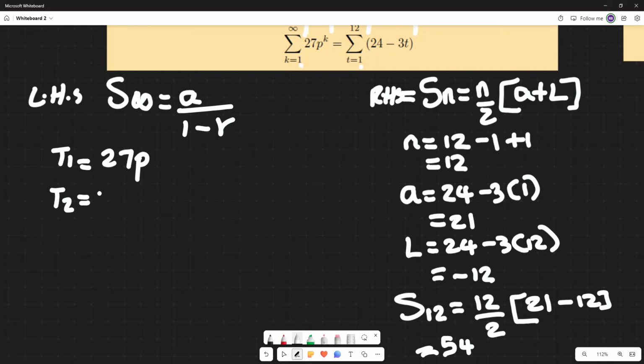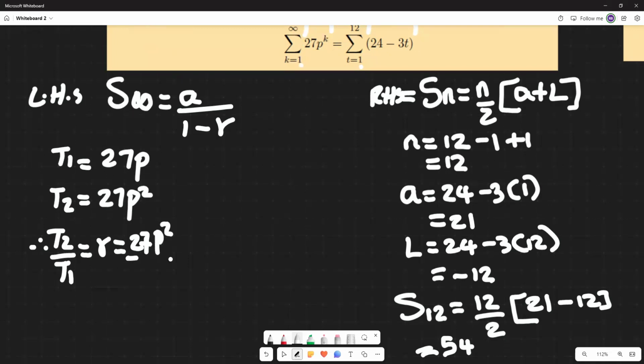Then the second term will be 27p to the power 2. Therefore, we can see that T2 over T1, which is your r, is the same as 27p squared over 27p. 27 cancels 27. p squared over p is just p.